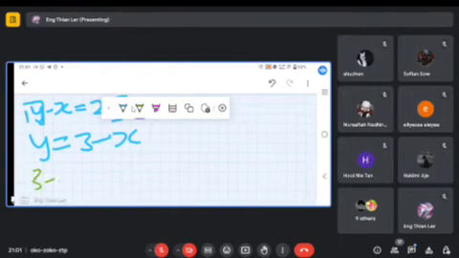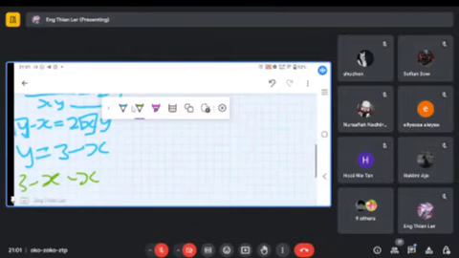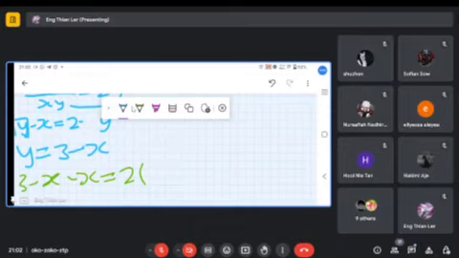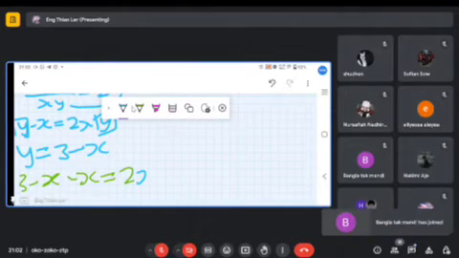So 3 minus x will be equal to 2. Oh wait, this is x, not y. 2x and y will be here. So 2x, and multiply by the y, which is 3 minus x.